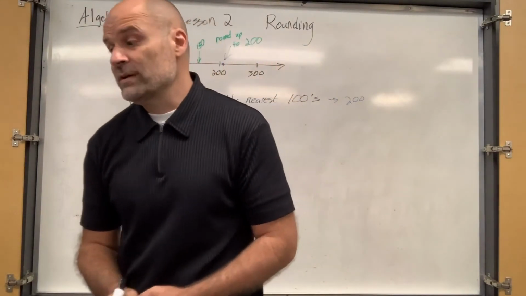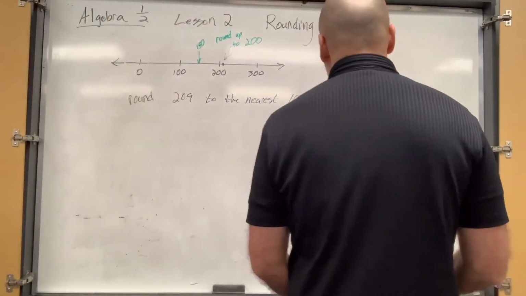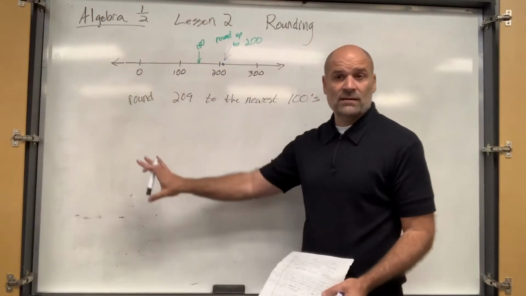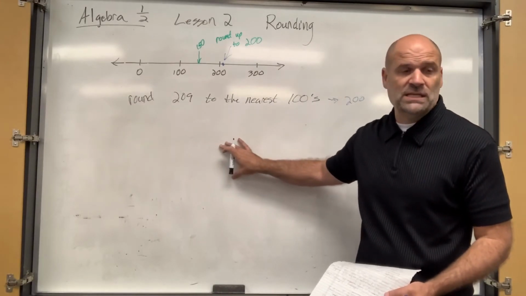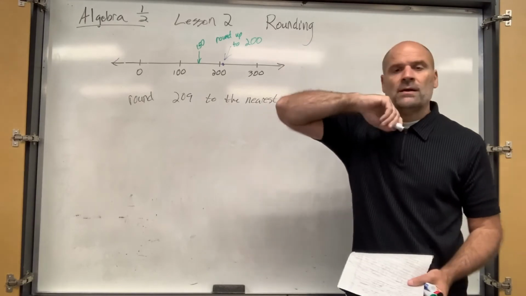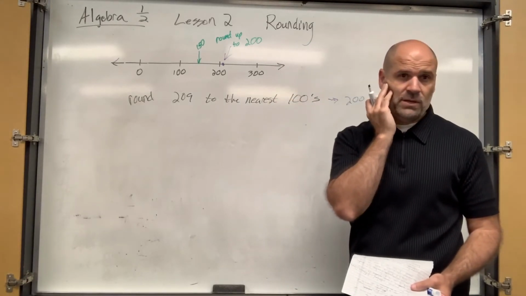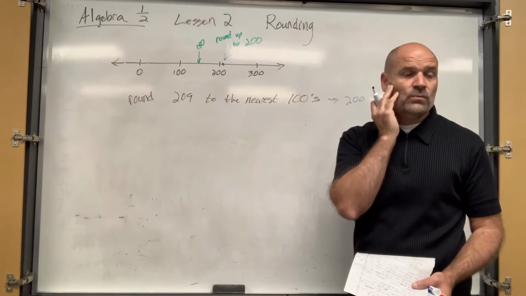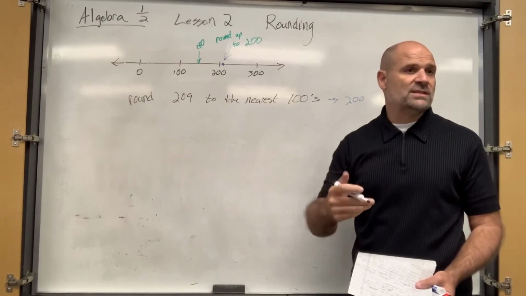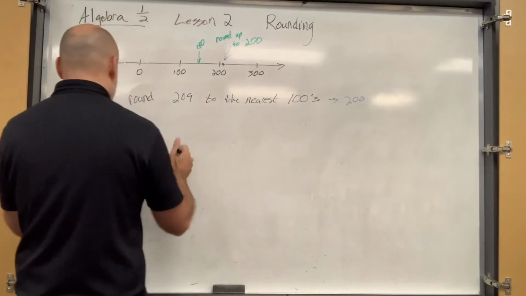All right, so you can look at a number line and do it this way. There are some easier steps, and you can physically follow these steps. I'm going to have you circle numbers and put arrows on numbers, but you can do this in your head if you can handle it. It's up to you, but if you're struggling with rounding, these are some good steps to start with. You don't have to use a number line, you can just follow these steps.